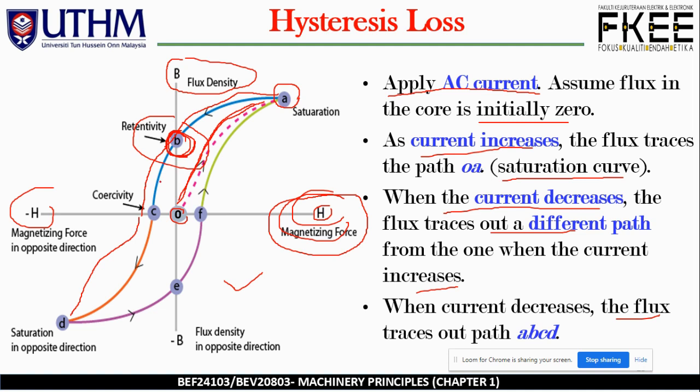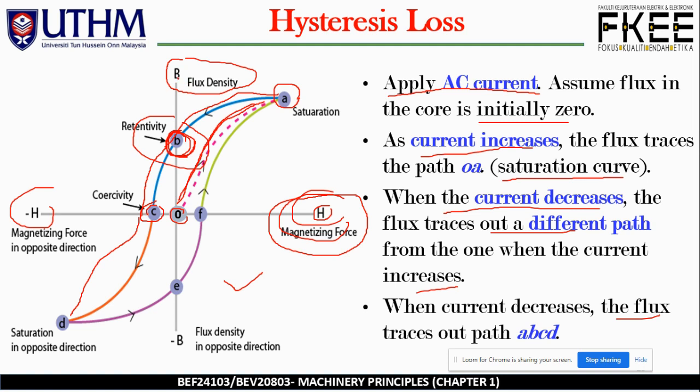And then what about the coercivity? This coercivity is nothing but the minimum value of magnetizing intensity, the magnetizing force, down to here. This is the minimum value that is required to bring the material to its original state.